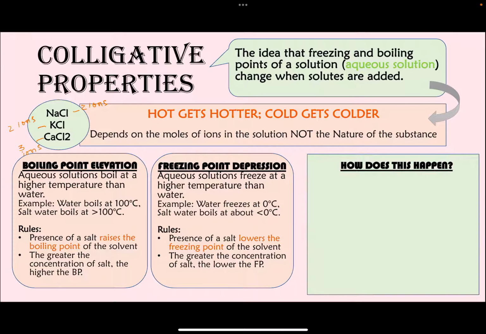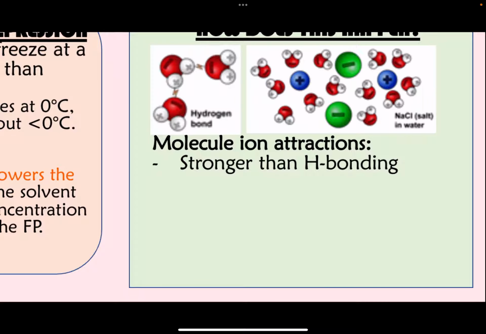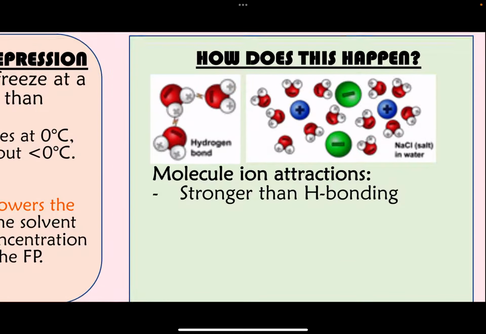So as I just mentioned, the way it works is that we have something called the molecule ion attractions when we dissolve a substance in any solvent. So our ionic substances break down into ions, and then they have these attractions with the water molecules or with the solvent molecules.